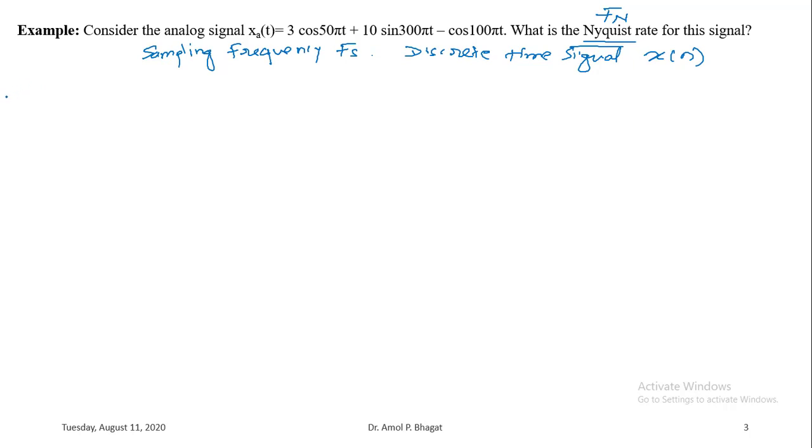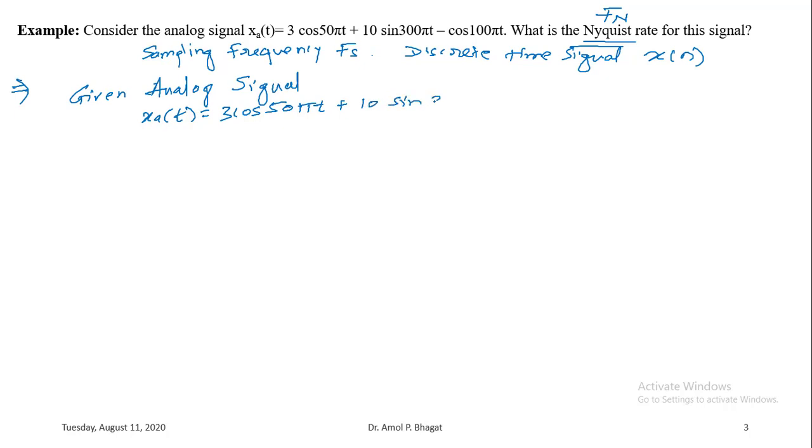So now let's solve this example. We'll try to solve this problem. So here the given analog signal x of t is equal to 3 cos 50 pi t plus 10 sin 300 pi t minus cos 100 pi t.